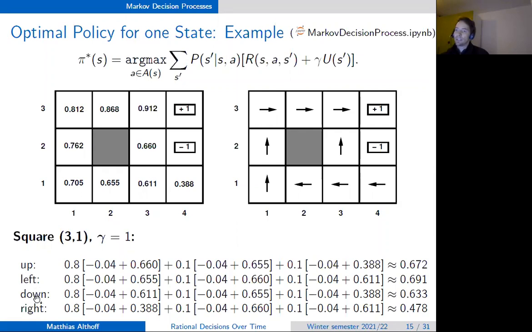You do this for up, left, down, and right. Then you see that for this square, the best action with the highest utility is left, and that's also why left is the arrow here. Then you do this for all the squares, and you get the optimal policy for each state.